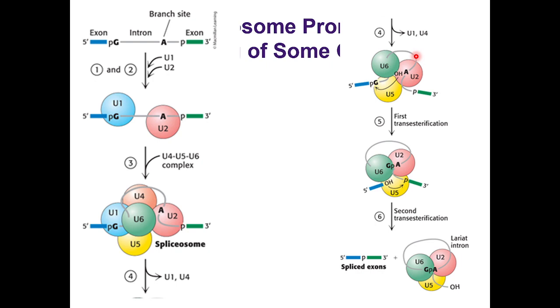This is also where you're going to have the U6 snRNA. It's going to refold and then bind the 5' splice site. It'll displace the U1 actually. Notice the U2 actually stays attached. This U2 is actually going to be what displaces the U4.